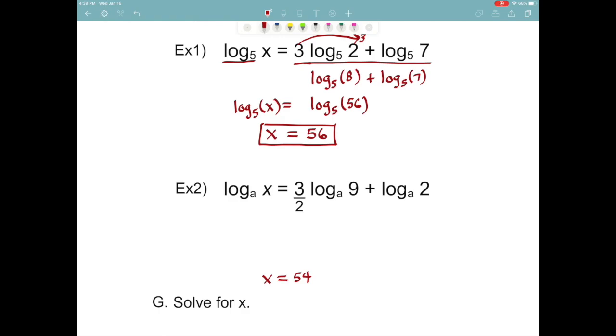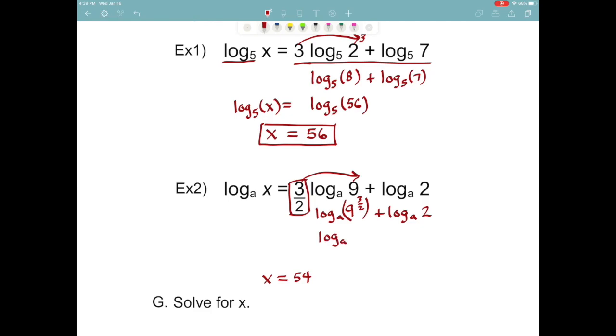If you need help going through it, just remember this is an exponent. You're going to have to move it up here. That would be log base a of 9 to the 3/2 power, and then we saw that plus log base a of 2. Well, 9 to the 3/2 power is going to be 27.